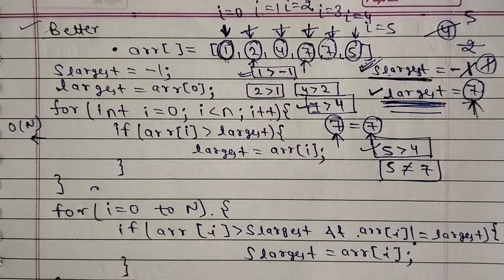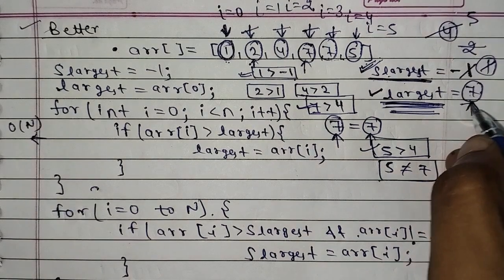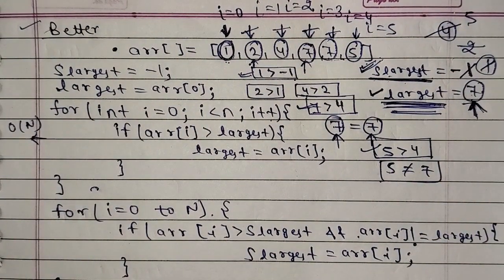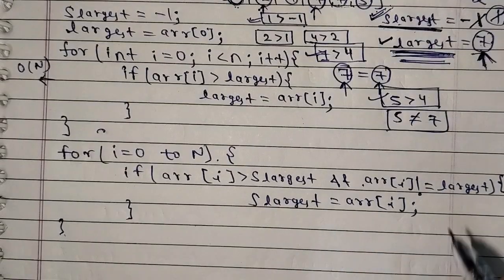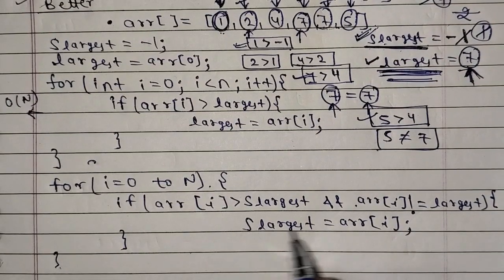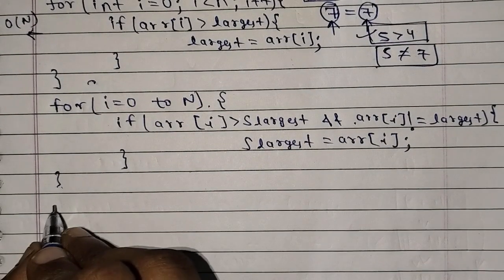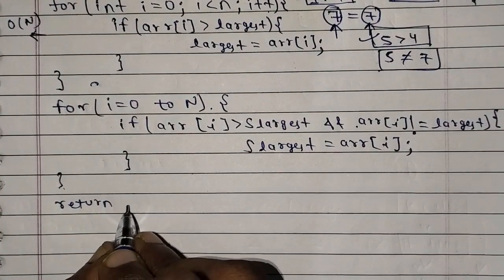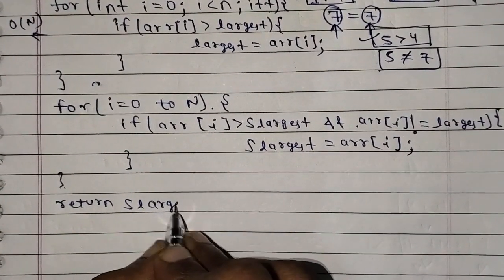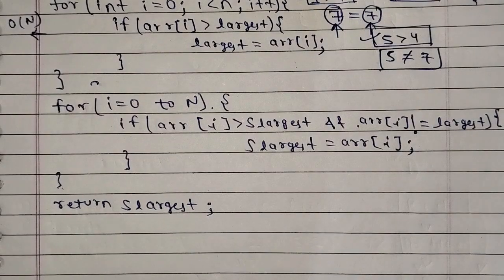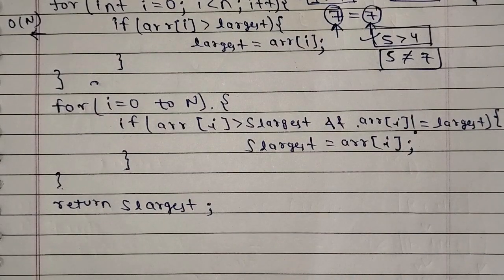Are you greater than second largest? Yes. At the same time, are you not equivalent to largest? Yes, I am not equivalent to largest. So update second largest. By iterating these elements again and again, we get our second largest element, and finally we return this second largest element. And this is the code for this better approach.